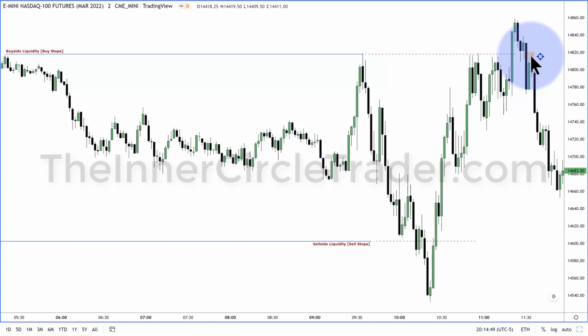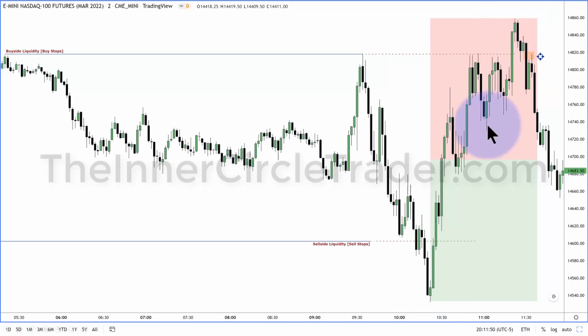Okay, so if you're looking at this framework here, and we've taken the buy stops, we have our entry pattern here, what would you be looking for as a downside objective? Well, I'm going to teach you the liquidity matrix. Sounds pretty cool, sounds neat and all that, but watch what it is. This here is your range. This is the low of the day, and this is the high of the day thus far.